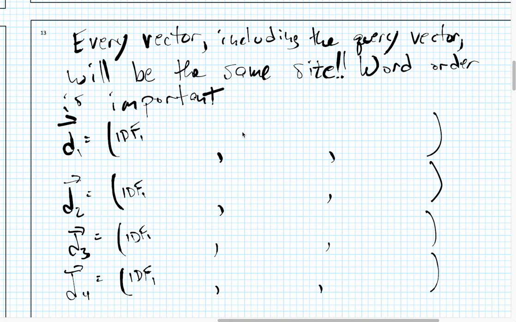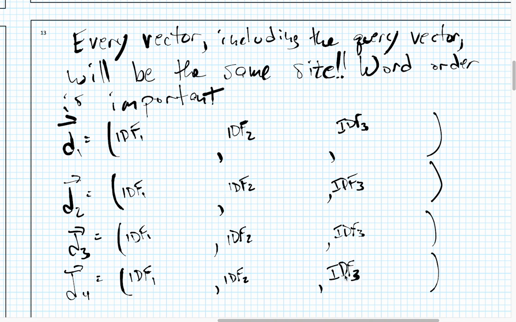Likewise, what's going to go over here would be the inverse document frequency of the second word. So I'm going to call that IDF2, and I think you can see the third component here is going to be IDF3.